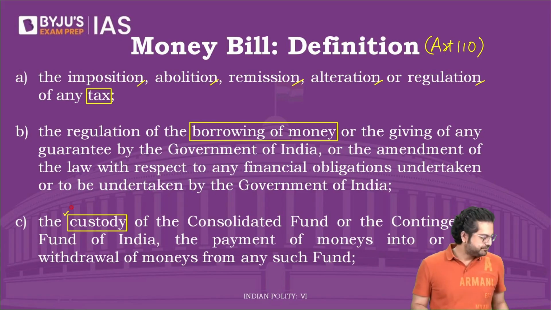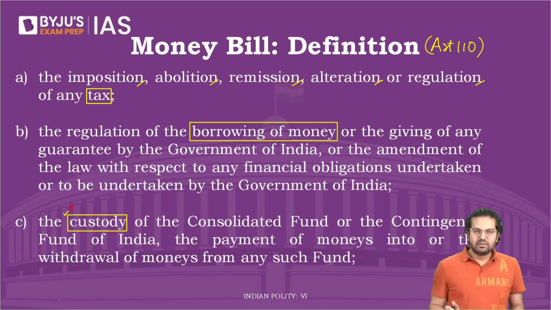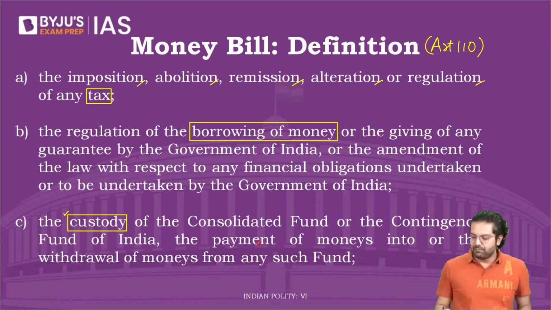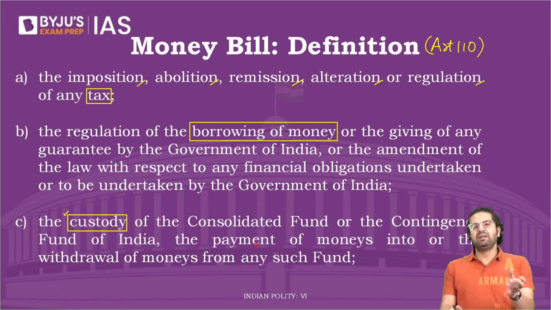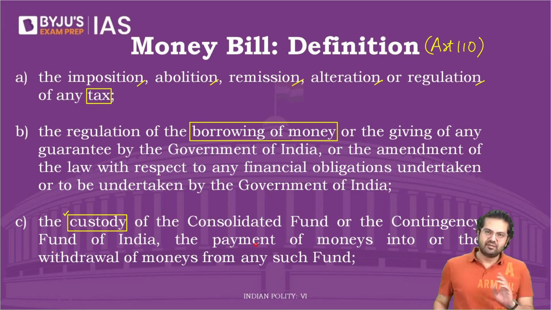Tell me. Your GPay or your phone is under whose custody? Under your custody. Are we clear? Simple. So the custody of the CFI, putting money inside, taking money out of these funds, that is called a money bill.